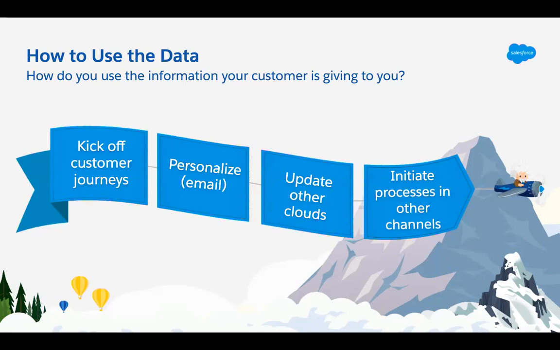Even if you're not in Sales Cloud, but your company uses it, can you help them fill out profiles on leads that are incomplete, or provide additional information on products to help inform web decisions in terms of what they're sharing? And then obviously initiate processes in other channels. With the flexibility of interactive email, we're pushing everything to a data extension so that it's there and you can just use it as you see fit.